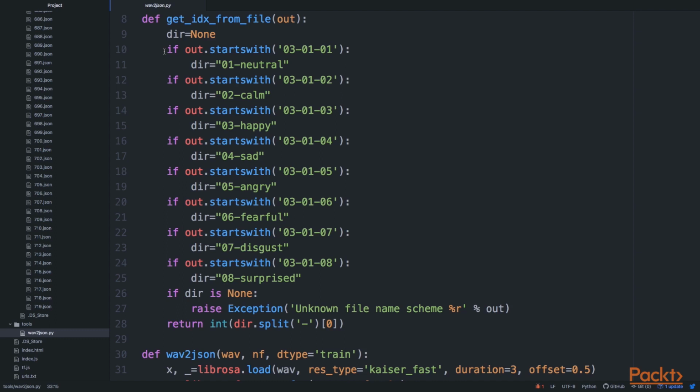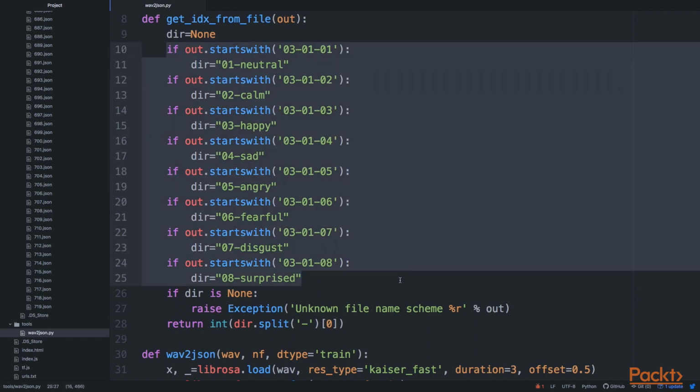The file names have a specific numerical schema that helps us tell what kind of emotion is related to a given sample, right? So we have neutral, calm, happy, sad, angry, fearful, disgust, and surprised. And this script uses this inside information about how this dataset works.